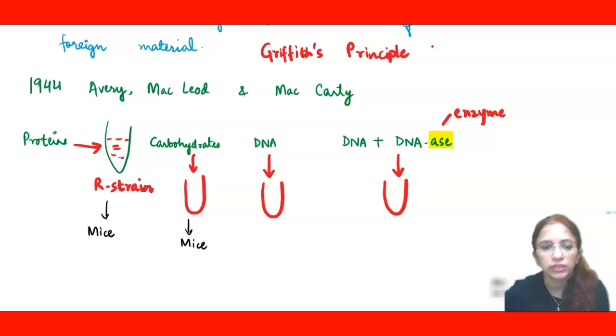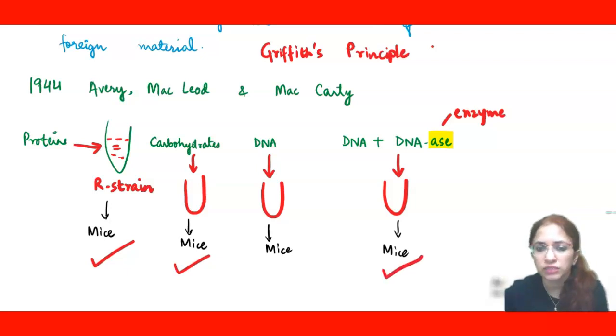After this, they injected this into the mice. Now what they actually observed is that the mice was alive in the case where proteins were used. Mice was alive in the case where carbohydrates were used. Mice was alive in the case where DNA along with DNase were used. But the mice was dead when the DNA culture was used.